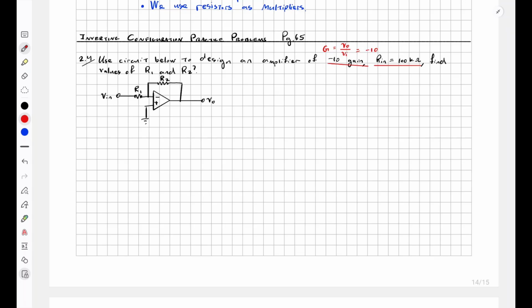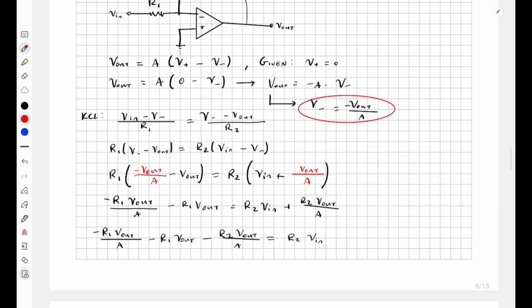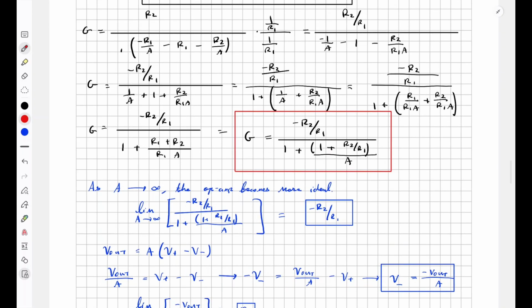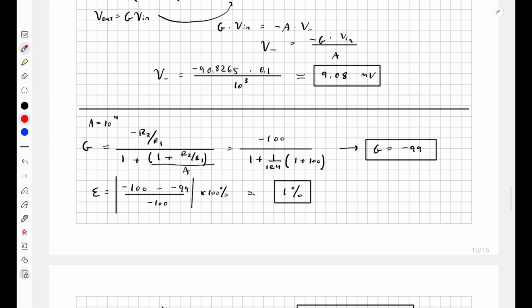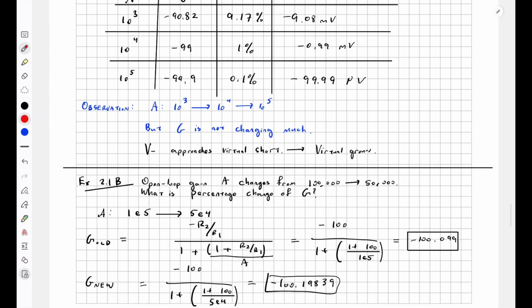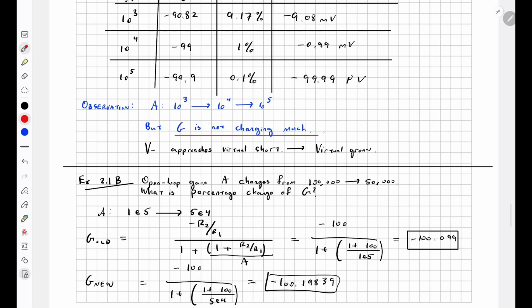Although we have previously derived an equation that calculates the gain if the op-amp is not ideal, meaning A is not infinity, as we have done in some practice problems in a previous video, we came to the conclusion that you can change the open loop gain A by a lot, say times 100, but the gain G does not change much.